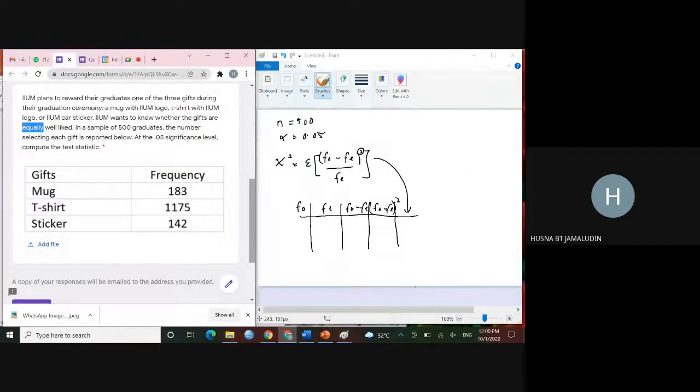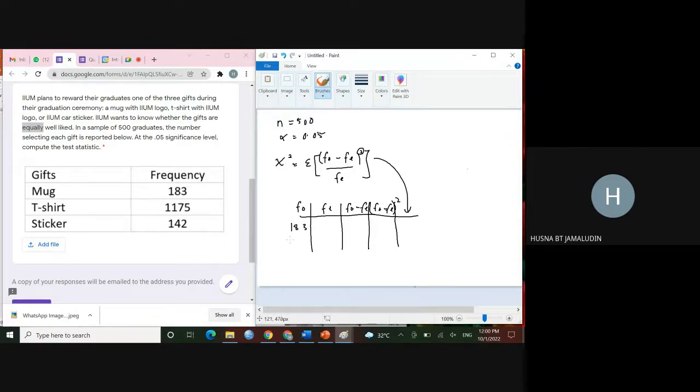So what is your observed frequency? Tell me how to write it. Observed means the data that are given to you, that you can observe. So this is your x. Observed frequency means the x, the one that you can observe. So you have to write 1183.